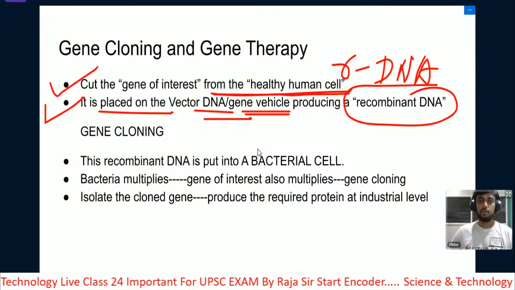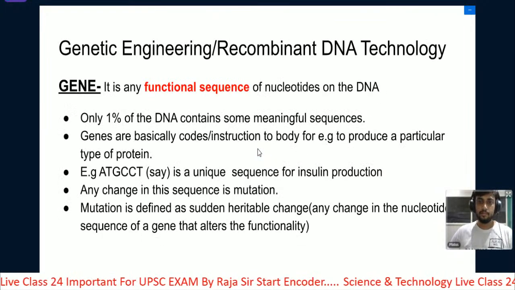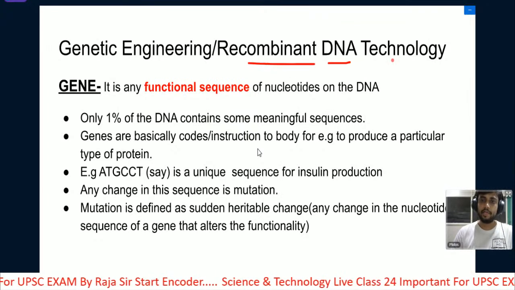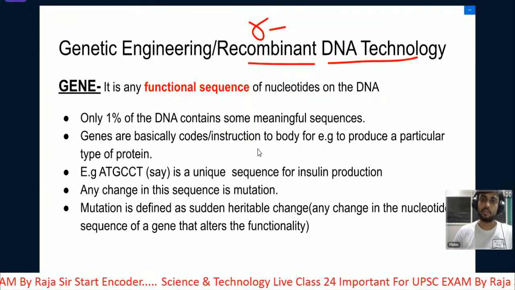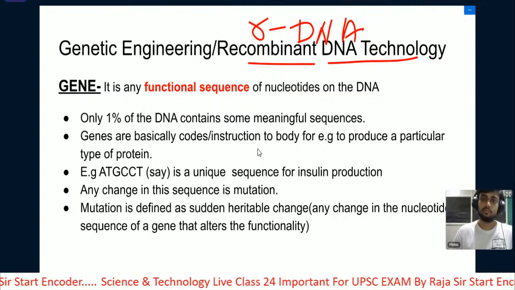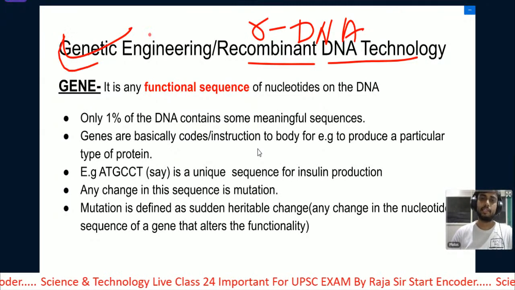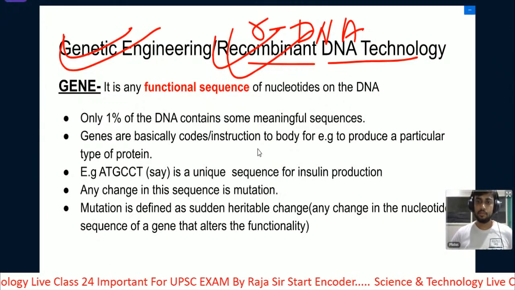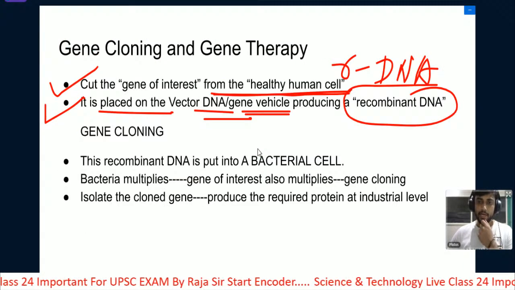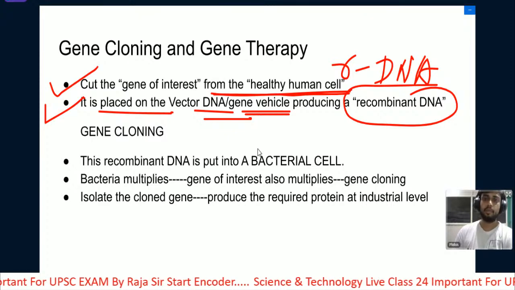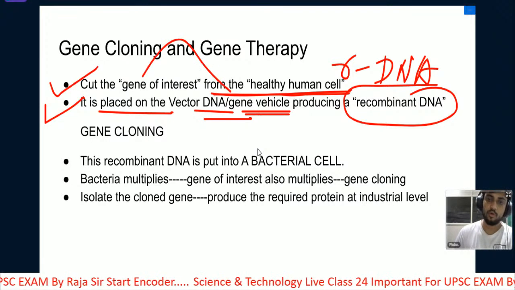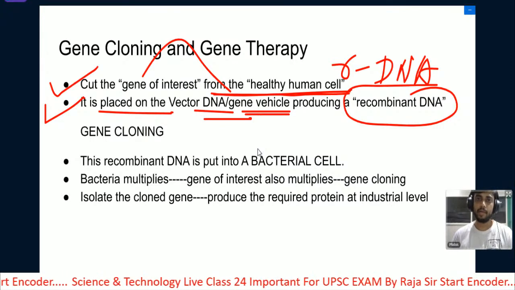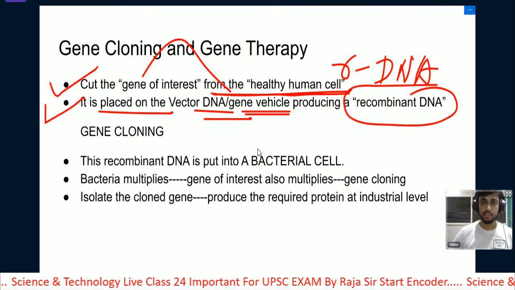This is also one of the reasons it is known as recombinant DNA technology or the rDNA technology. The names genetic engineering and rDNA technology mean one and the same thing. Recombinant DNA is formed by superimposing the gene of interest over the gene vehicle, and the gene vehicle is the DNA material of any bacteria or any virus.